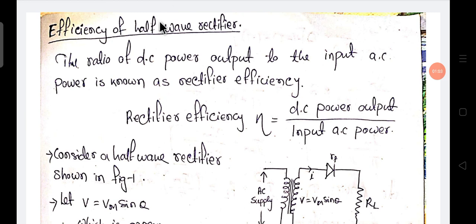Now the efficiency is the ratio of DC power output to the input AC power, and this is known as rectifier efficiency.